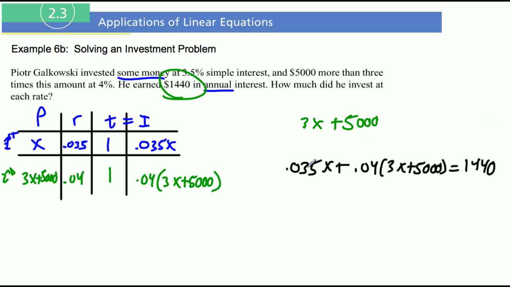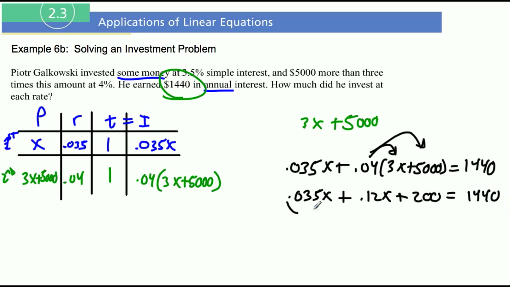So I'm going to go ahead and drop this guy down right here. Multiply 0.04 times 3x and get 0.12x. 0.04 times 5,000 is going to give us 200, and that's going to be equal to 1440.